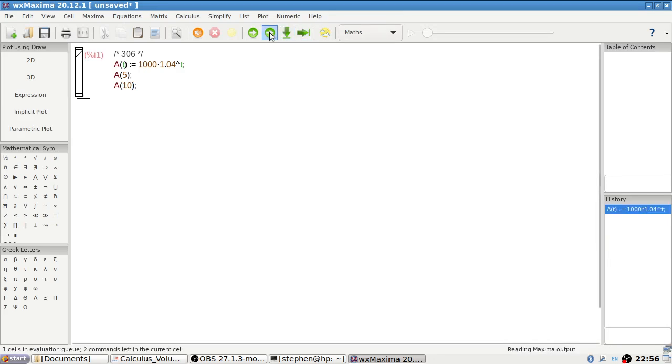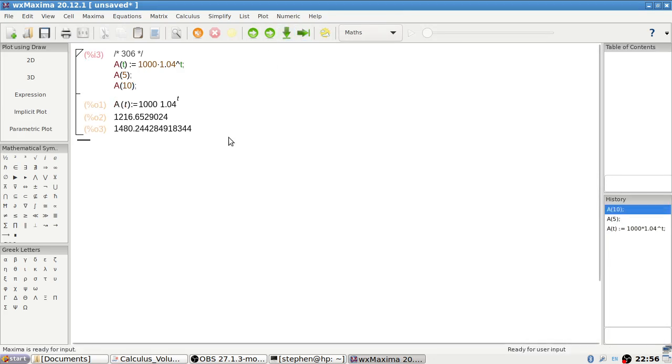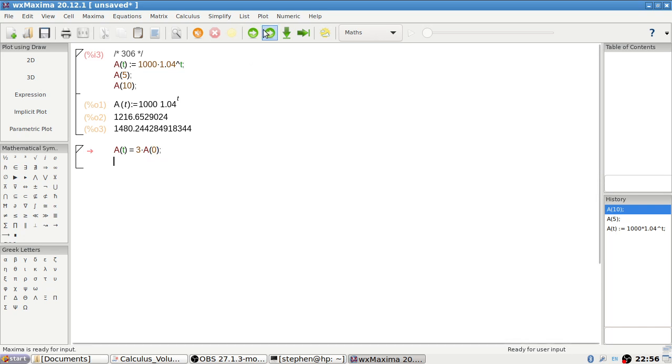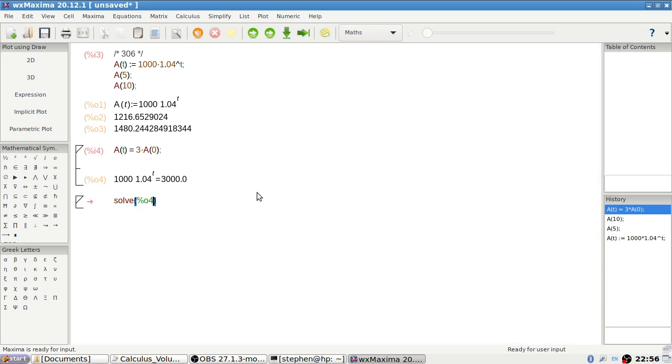And then how long for it to triple? So A(t) equals 3 times A0. Then we want to solve.